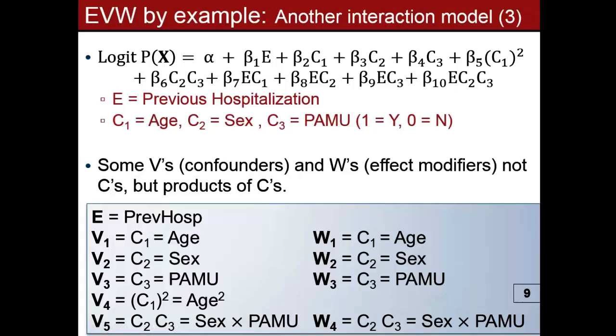Well, first of all, what if the association between the log odds and age is not linear? So here we have C1 in the model, just by itself, this term. What does it mean to have a continuous age variable in your logistic regression model, just by itself?